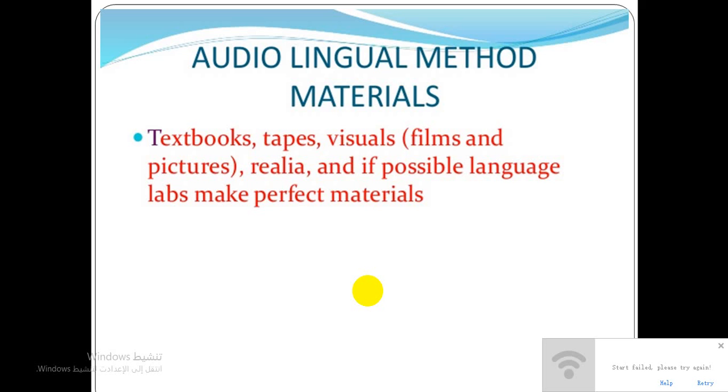Instructional materials in this method assist the teacher to develop language mastery in the learner. A student's textbook is often not used. Tape recorders and audiovisual equipment often have central roles in an Audiolingual course, providing accurate models for dialogues and drills.